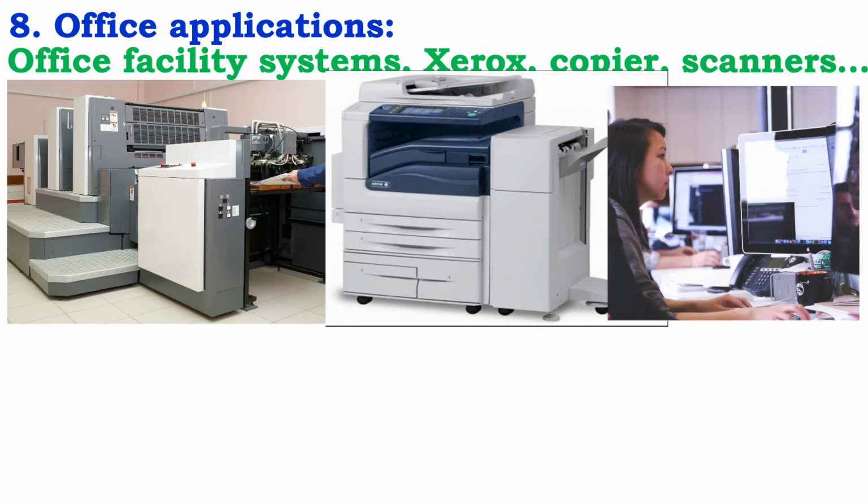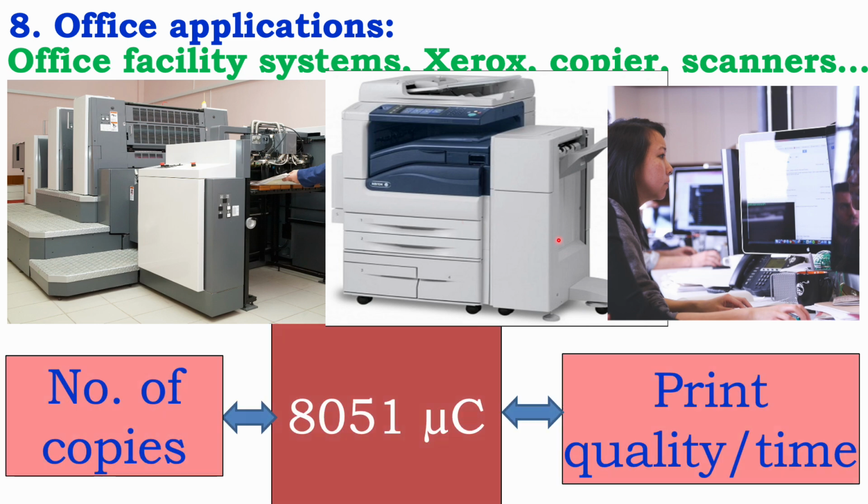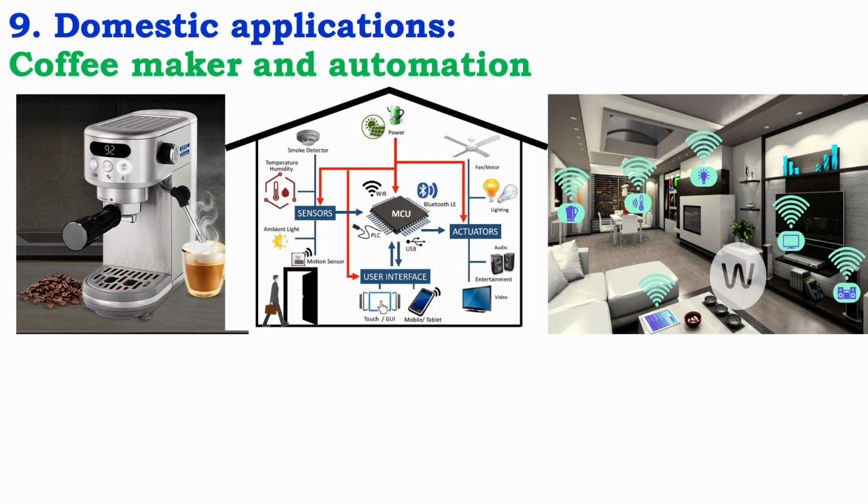Now the next one is office applications. In the office there are many devices working with the 8051 microcontroller: printers, copiers, computers and many more. The number of copies will be set by the user, the printing quality and time can be set, and the microcontroller will produce the required output. Now the ninth is also a very famous application of the 8051 microcontroller.